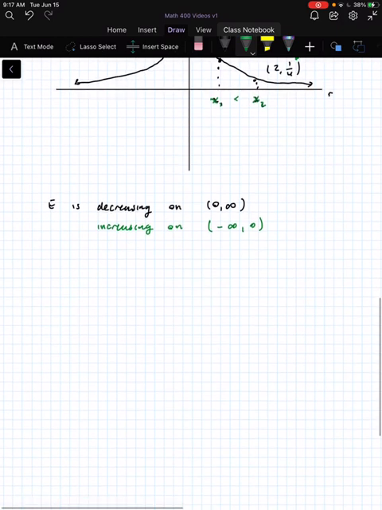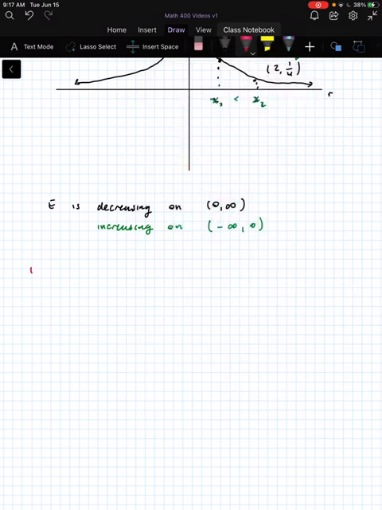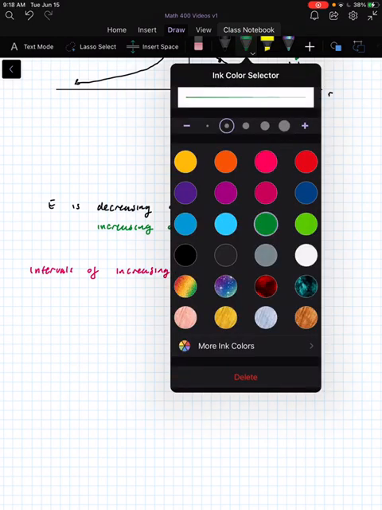All right, so intervals of increasing and decreasing. We often are going to be asked for a given function to express the intervals of increasing and decreasing, which is basically look at the graph of the function and examine for what intervals it's increasing and what intervals it's decreasing, right?